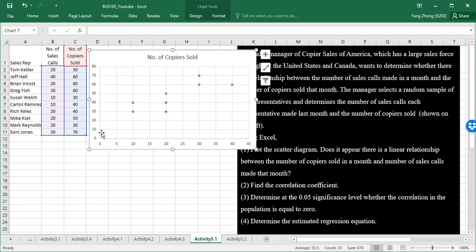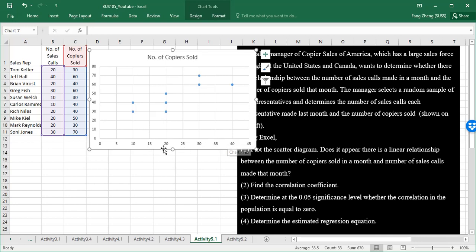So this is indeed what we want for the scatter diagram. In some other cases, if the two columns are the other way around, then you may need to reverse the variables shown on this scatter diagram.